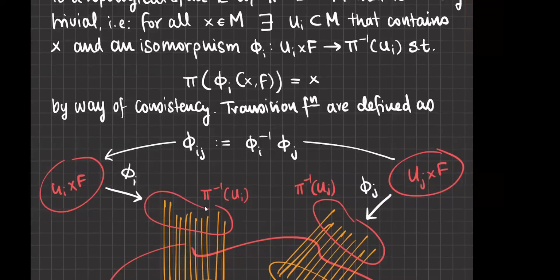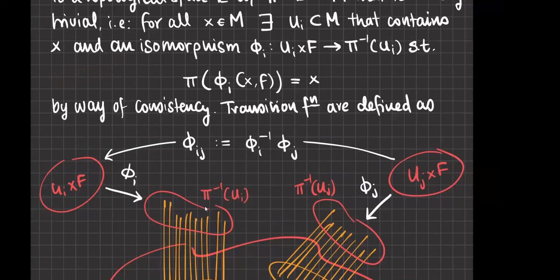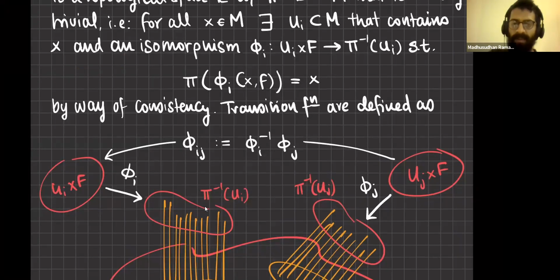The pi inverse map is this is the section, right? No, this is not a section. So pi maps E down to M. E is the fiber bundle, and M is the base space of the fiber bundle.